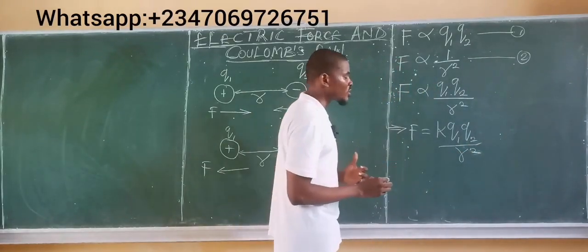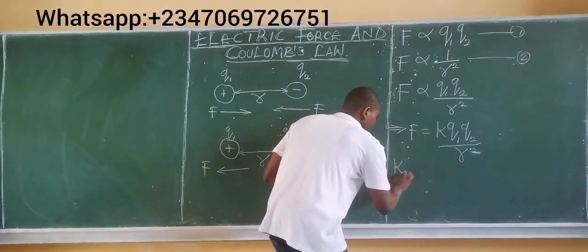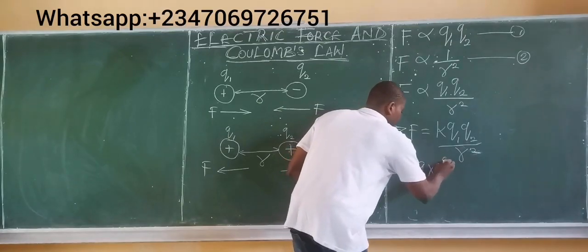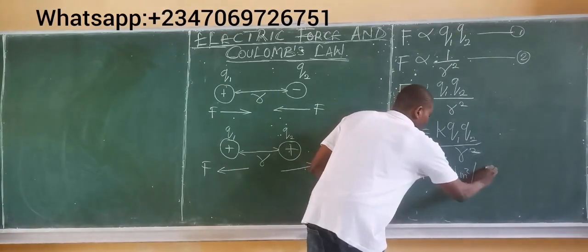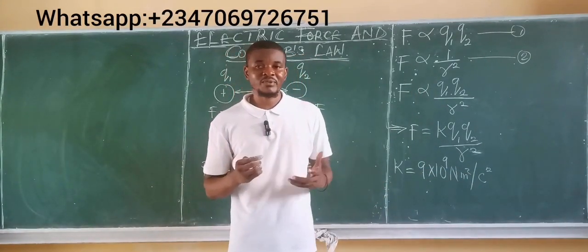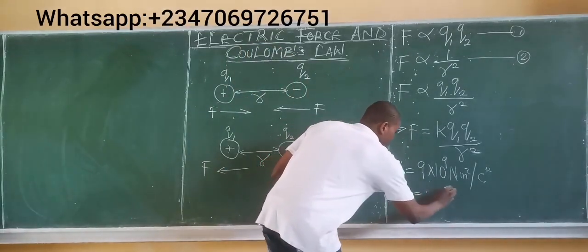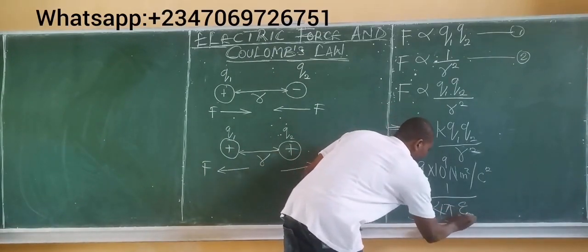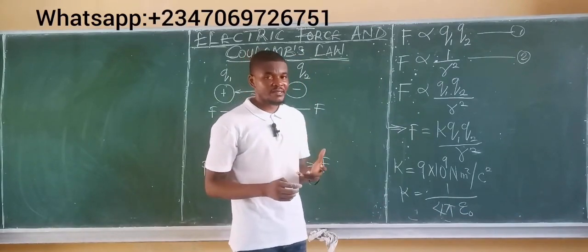Where K is called the constant, and the value of this constant K is given simply as 9 times 10 to the power of 9 newton meter squared per coulomb squared. K can also be expressed as a function of permittivity. K can be expressed as 1 all over 4 pi epsilon naught, where epsilon naught is the permittivity of free space.